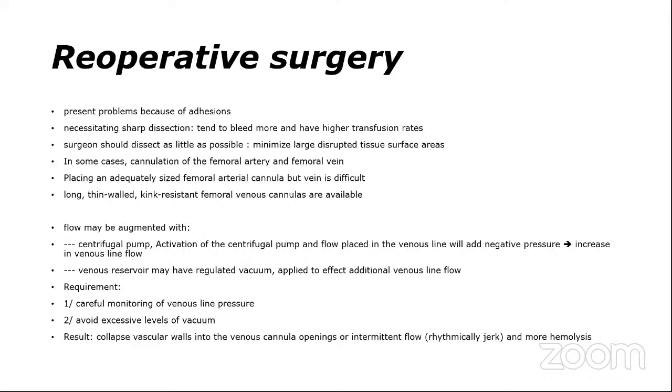There is a long, thin wall, kink resistant femoral vein cannula. Now it's available, and this can be reached up to the cavoatrial junction. Because of the length and standard gravity, this will sometimes inadequately permit the full cardiopulmonary bypass.